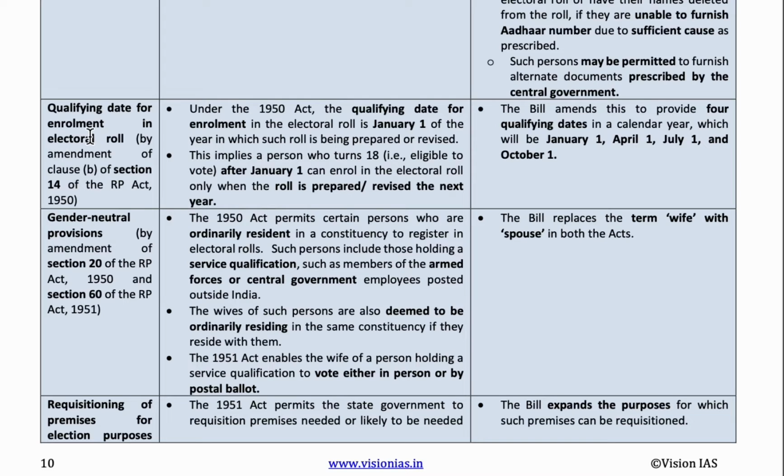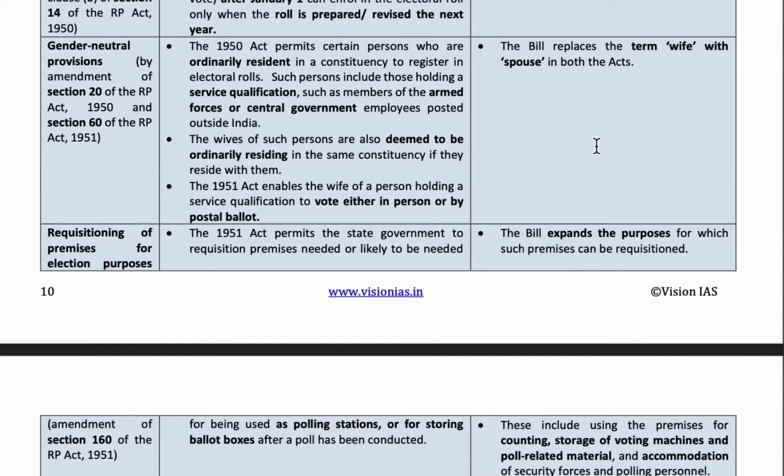Under Section 14B, a person who attained 18 years can enroll in the electoral rolls only after January 1st, when the roll is to be prepared. But now, after the change, the bill provides four qualifying dates, that is January 1st, April 1st, July 1st, and October 1st.